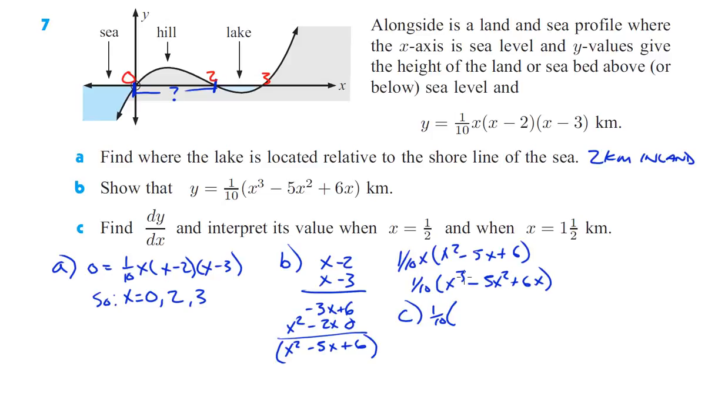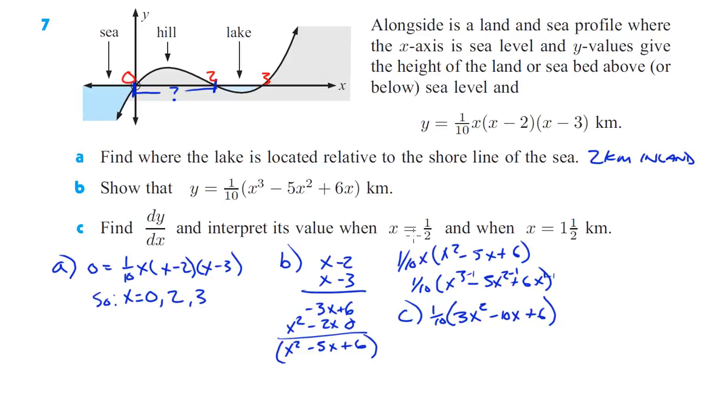So we can do 1/10, 3. The 3 comes out front here, so we get 3x, subtract 1, and that's x to the second. And then 2 times negative 5 is negative 10x to the first. And then 1 times 6 is 6, subtract 1, and that's all we have. So there's our derivative function, right?